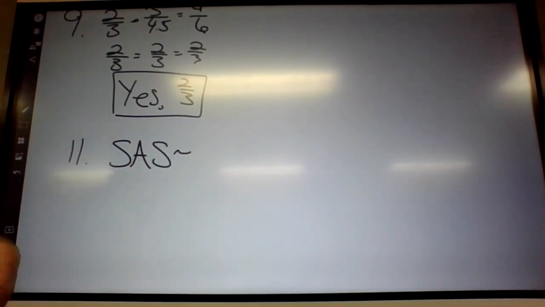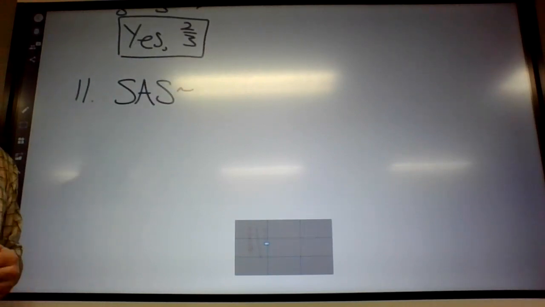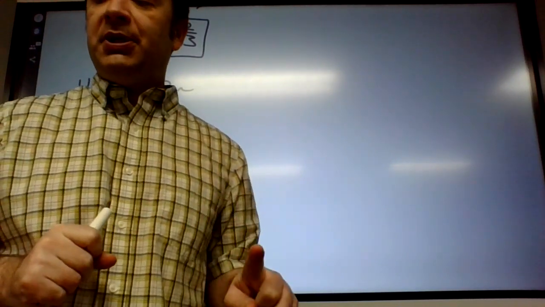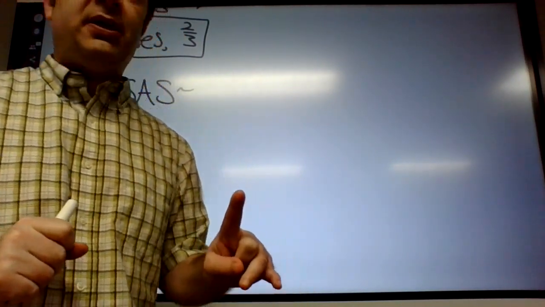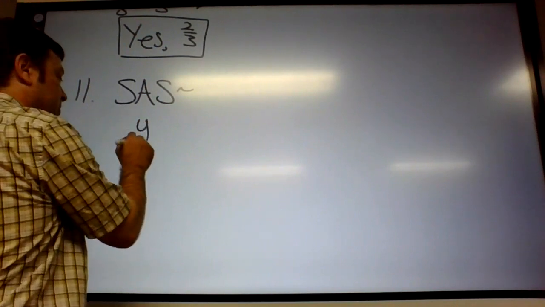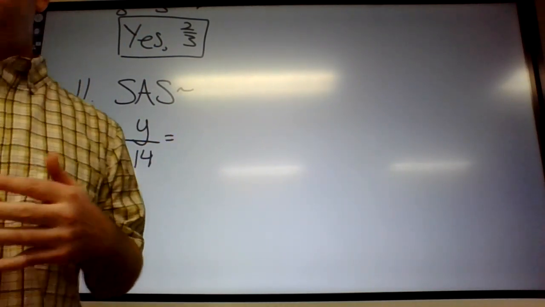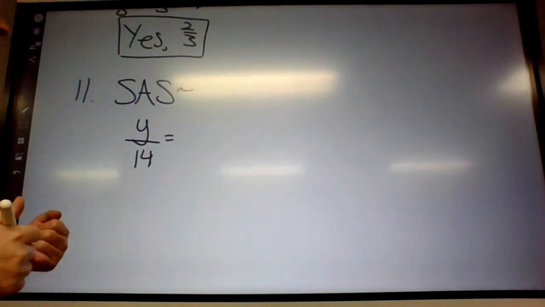And then we have to find y. Do you remember how we did that yesterday? Y over 14 is equal to like 6 over... Right. We set up two equal ratios. Y goes with 14, just like what goes with what? 6 over 12 or 5 over 10.